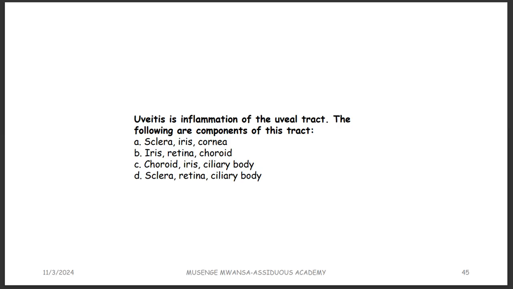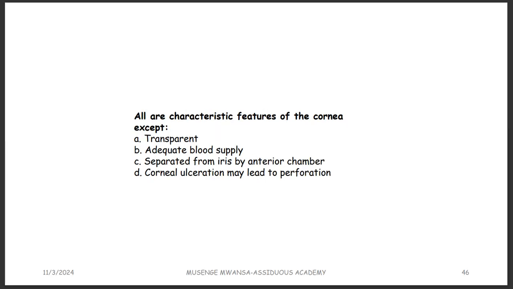So it's the iris, the ciliary body, and the choroid. So this thing, the uveal tract, is basically that second layer of the eyeball, the vascular layer, which is having the iris, the ciliary body, and the choroid.